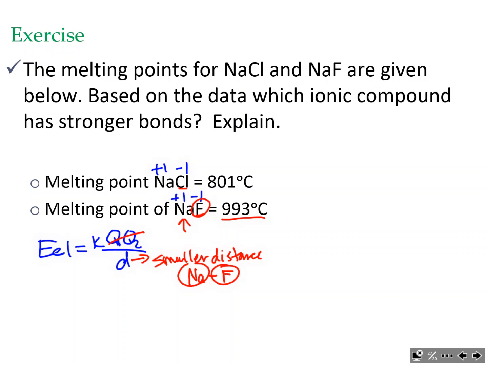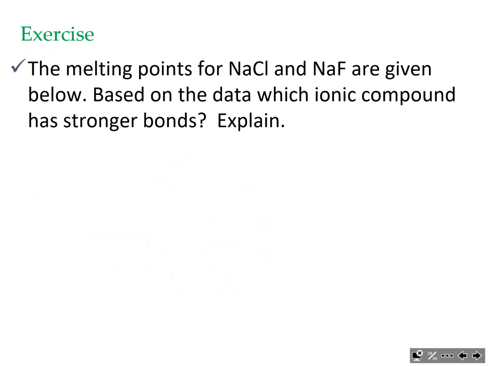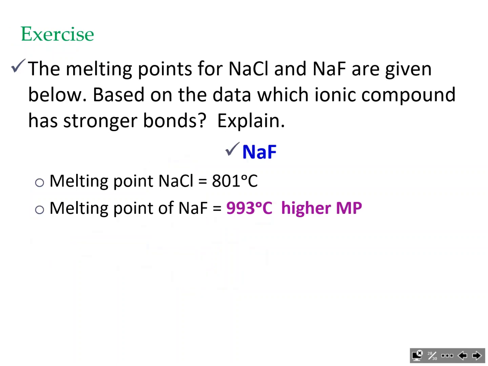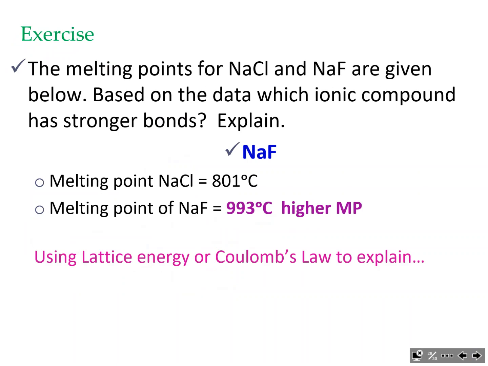The melting point being higher means you need more energy to break up and spread out the particles. If you're going to talk about this, it's always good to refer to the equation, or you can use Coulomb's law too. The higher melting point is the stronger one.